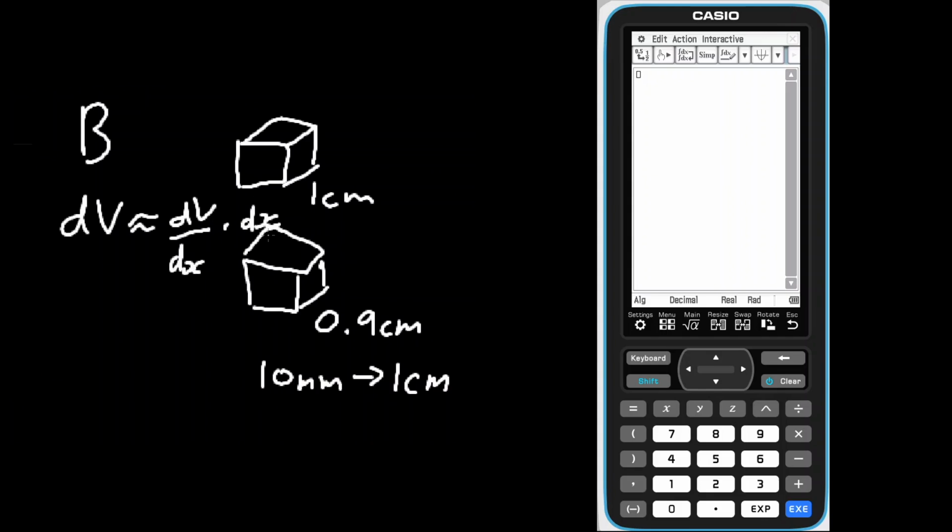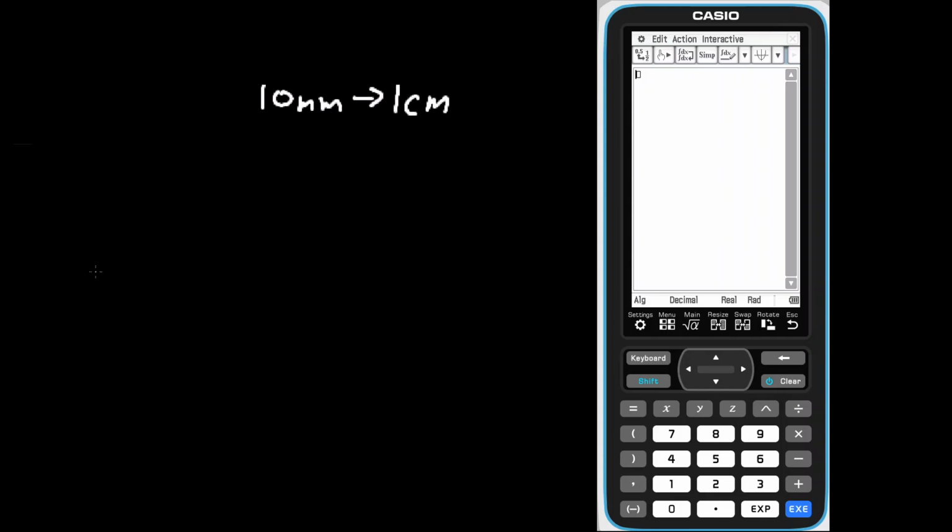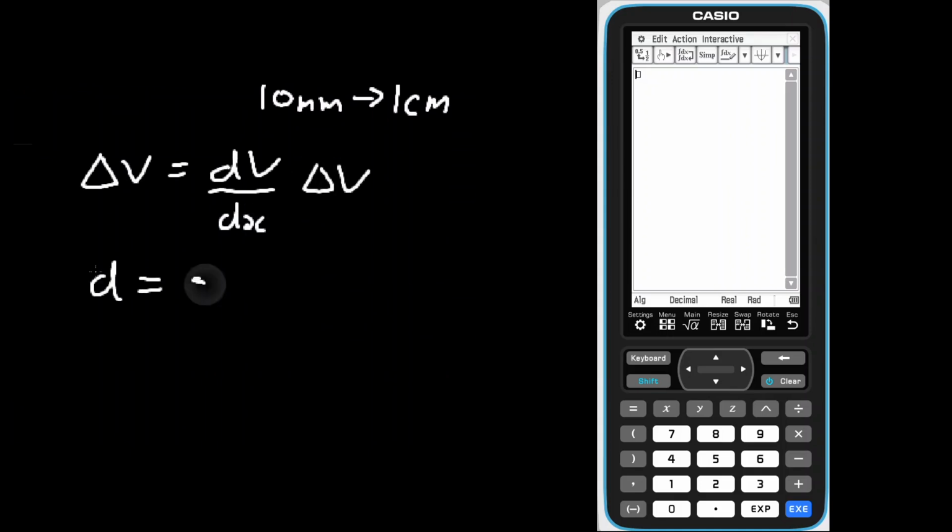Another way is that you might see it written like this, that the change in volume is equal to dV/dx times the change in x. So d is like a really small change, and then this is like capital D in the Greek language, delta, so you can say it's like a bigger change. So this is the formula we're going to use here.